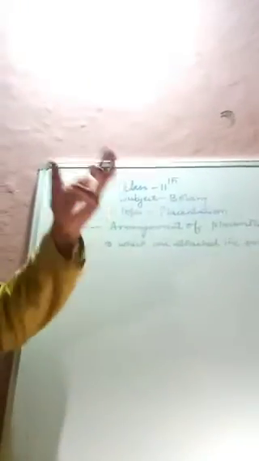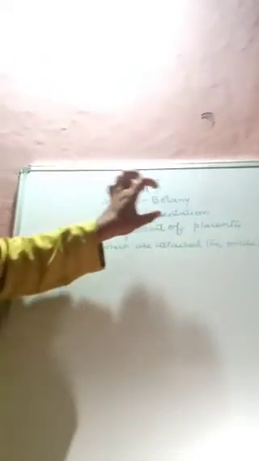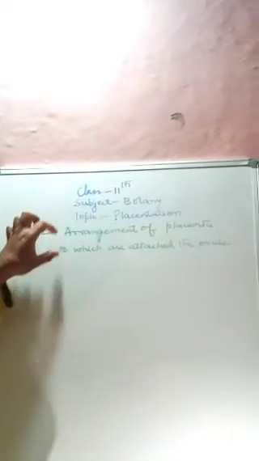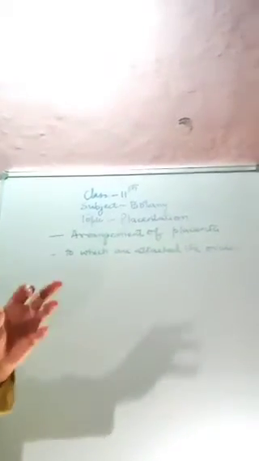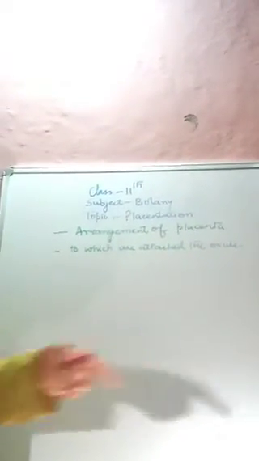Placentation is simply the arrangement of the placenta, to which the ovules are attached. How these placentae are arranged in the ovary, and we already know that to this placenta the ovules are attached, and it is this ovule which then develops into the seed.